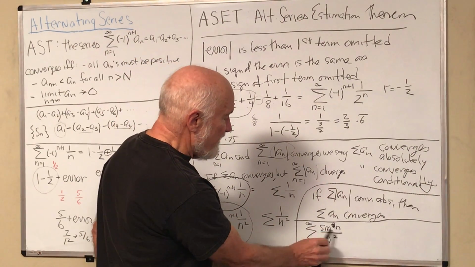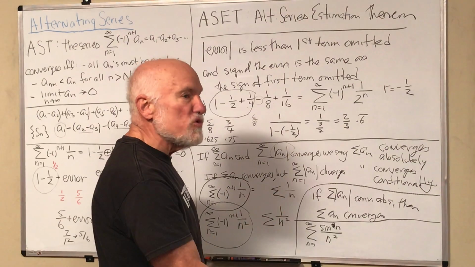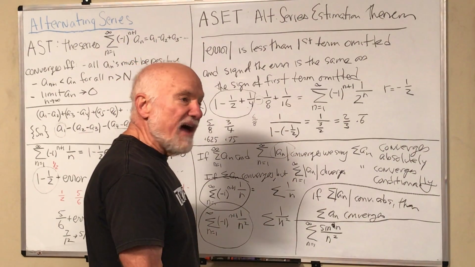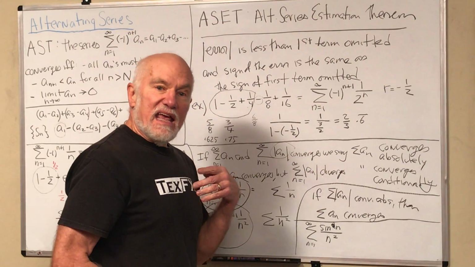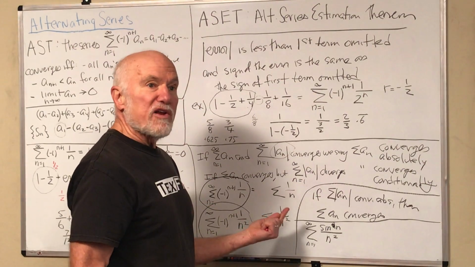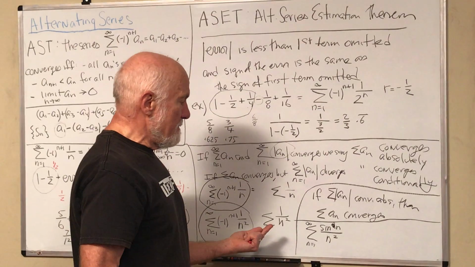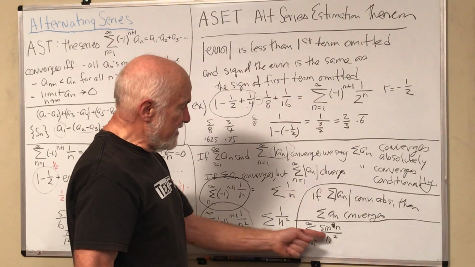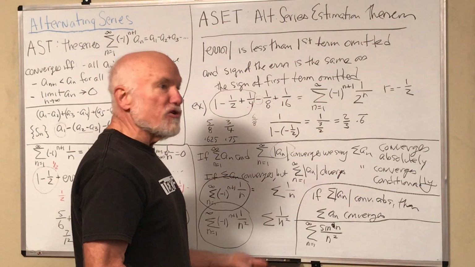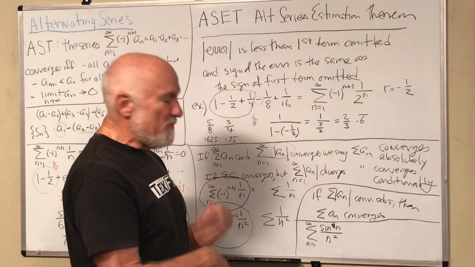We know the sine values, the sine of 1, sine of 2, sine of 3, some are going to be positive and some are going to be negative. So we can't use any of the proofs that we've already learned before today. And we can't use the alternating series theorem because it's not alternating. It's just got some negatives and some positives.